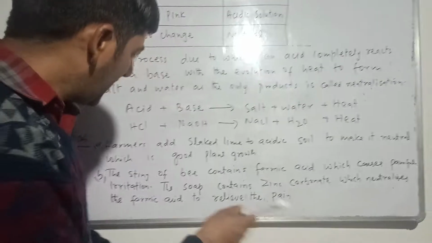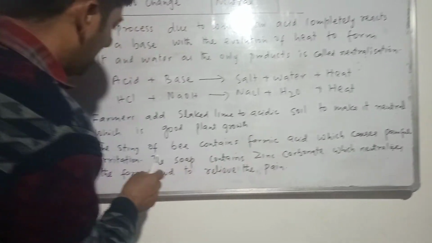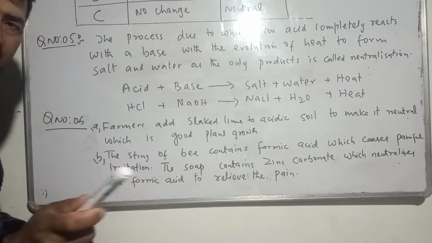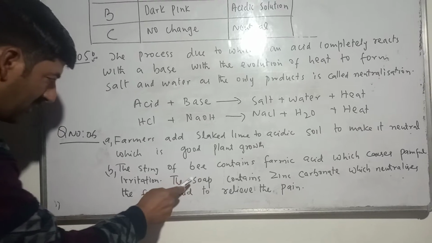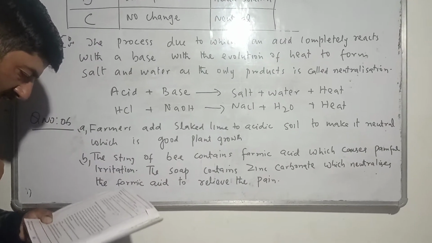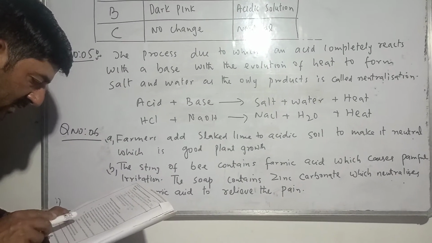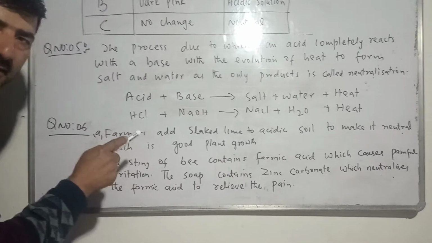To neutralize the effect of this formic acid, we rub the spot with soap, because soap contains a base, sodium hydroxide, or we apply baking soda paste that also contains a base.